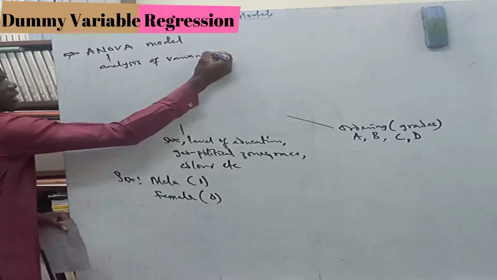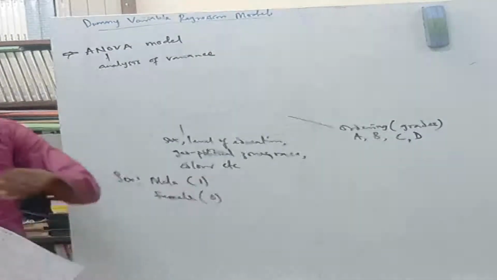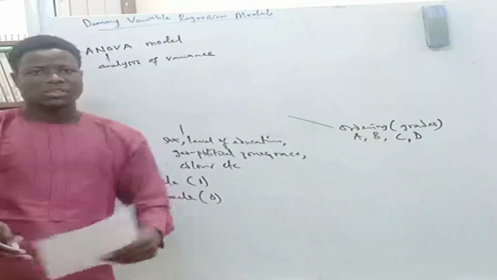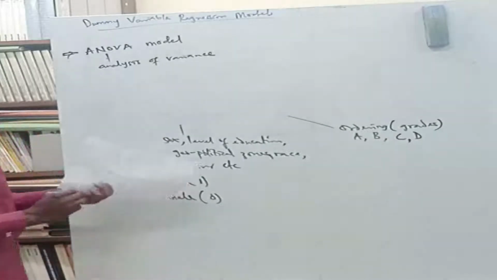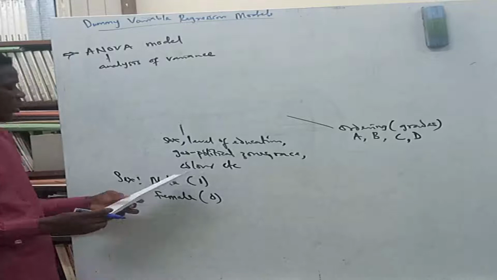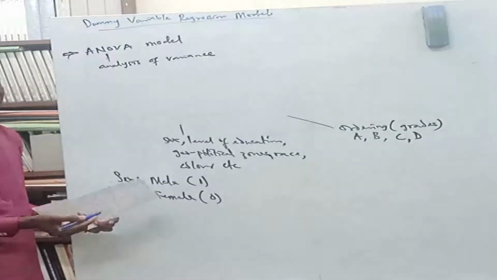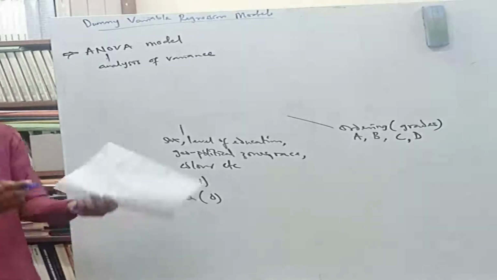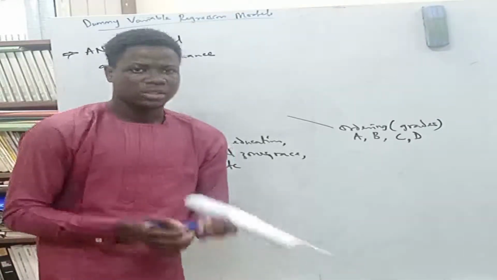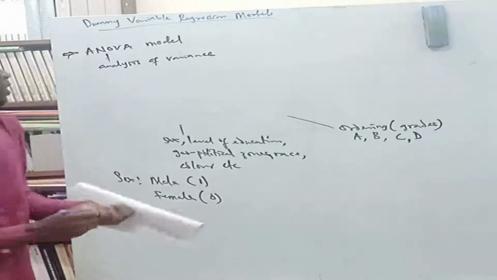So you're looking at an analysis of variance model where all the explanatory variables are dummies. If you have about 4 to 5 of them, for instance, you can have a situation where you're looking at the annual wage rate of workers, and you want to know whether the annual wage of workers depends on their sex.